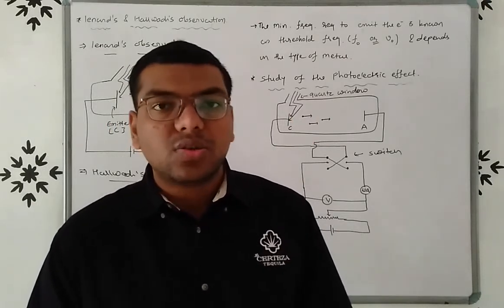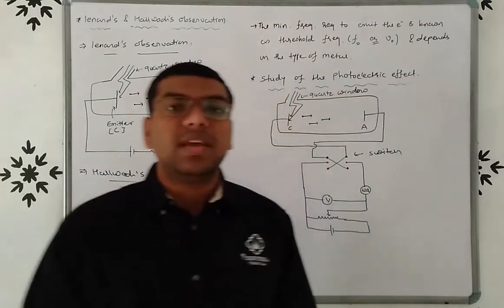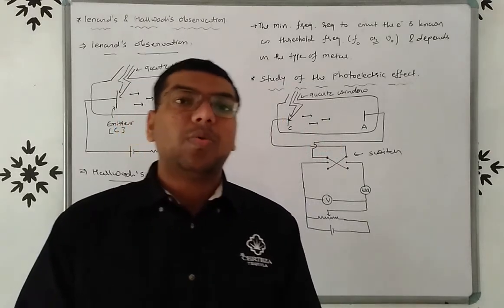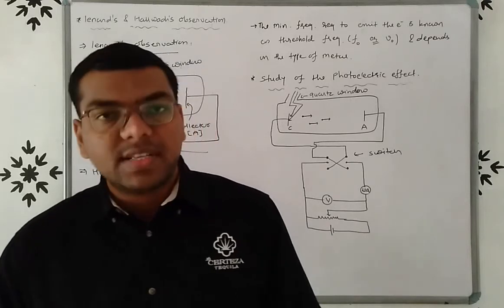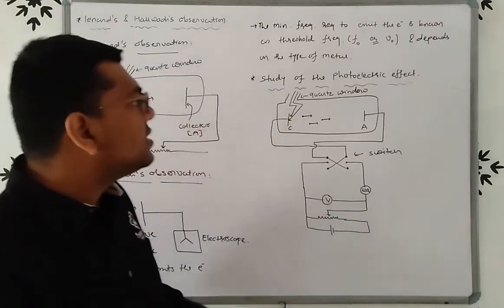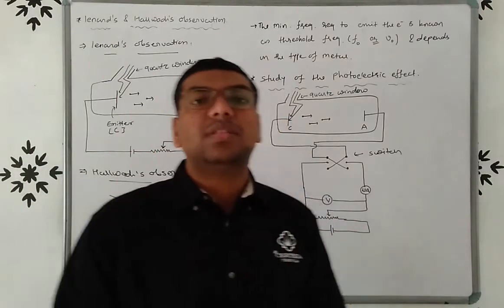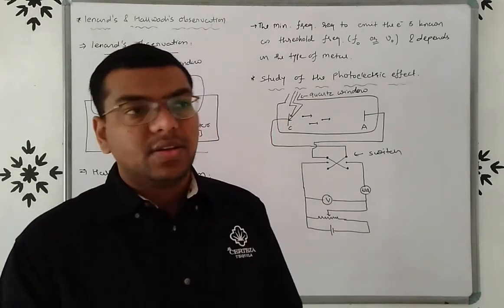This study is also carried out. Another study is based on the frequency and current. So what happens to the current if we change the frequency of the radiation? So these studies are carried out based on the photoelectric effect.